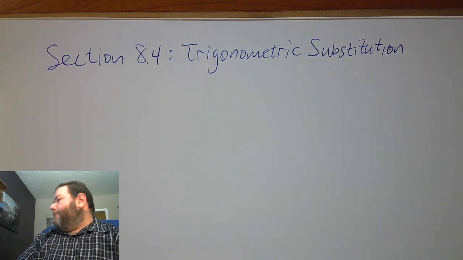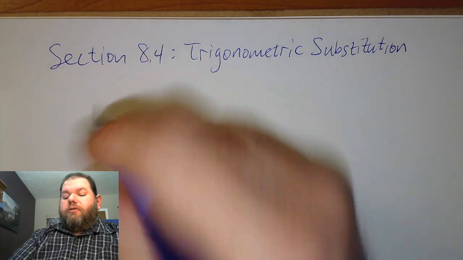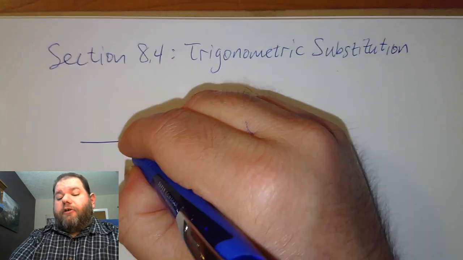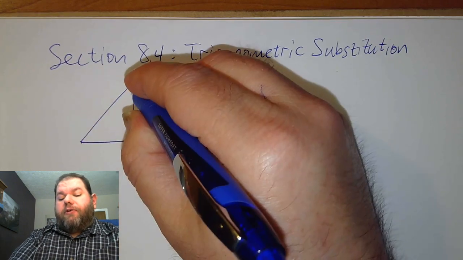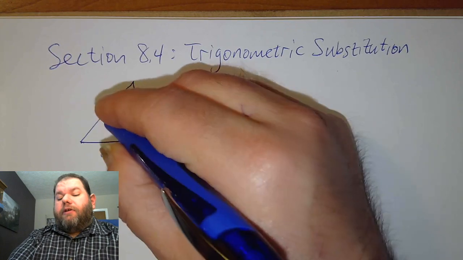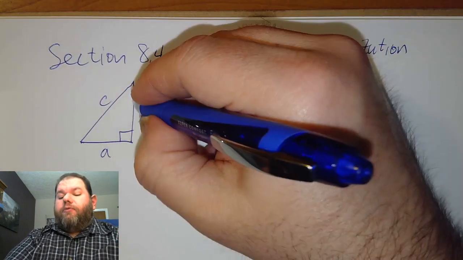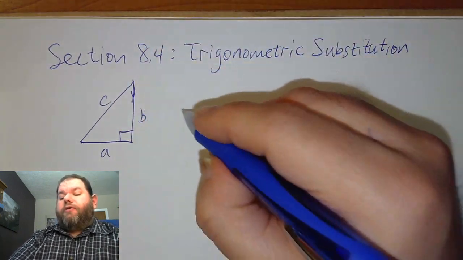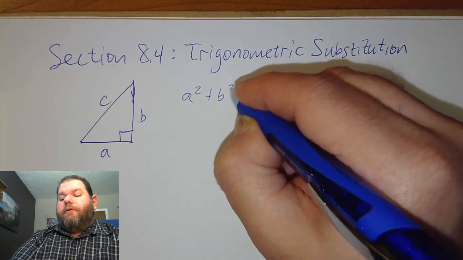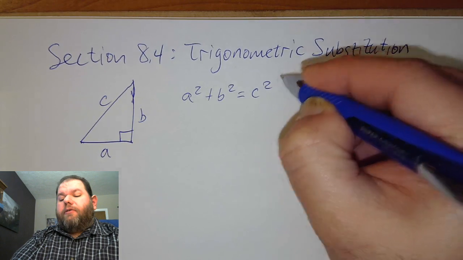Okay. Let's look at the right triangles before we do anything else. When we talk about a right triangle, and I'm just going to draw a generic one here, we have sides A, B, and C. And we know in this right triangle that A squared plus B squared is equal to C squared.